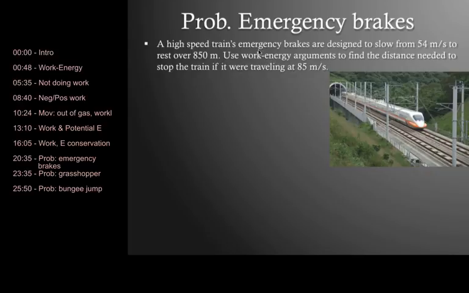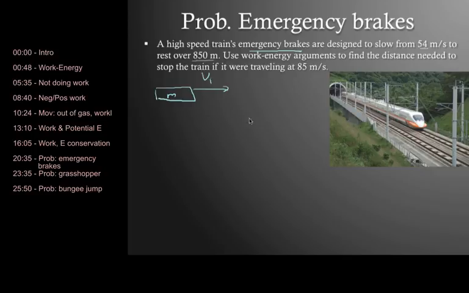Here we have a high-speed train, and we're going to be using its emergency brakes to slow it down from 54 meters per second to rest, and it's going to take 850 meters. Alright, so let's draw this out. So here we have our big train. It's moving with some initial speed. Then the emergency brakes.